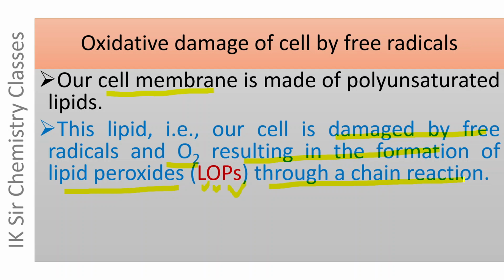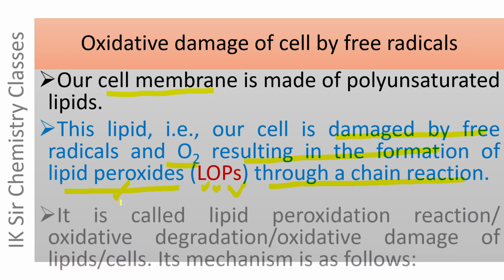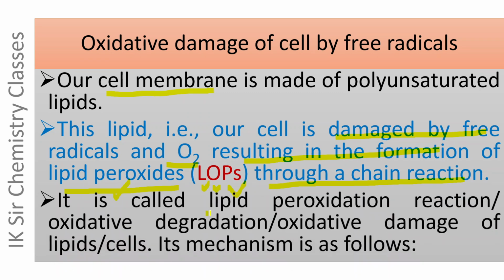Our cell is covered by a membrane which is called cell membrane, and it is made up of polyunsaturated lipids. This lipid is damaged by free radicals and oxygen, resulting in the formation of lipid peroxide through chain reaction. It is called lipid peroxidation reaction, or oxidative degradation, or oxidative damage of lipids, that is our cells, and its mechanism is as follows.